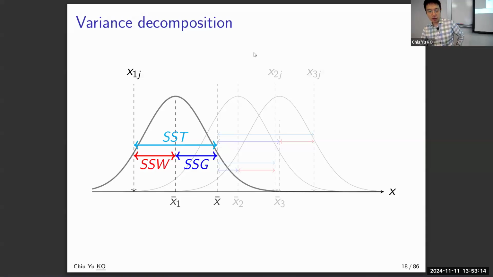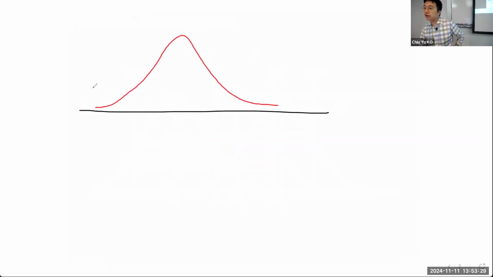Okay. Remember the idea that we have. We have data here, right? And suppose under the null, it will be the case that actually everything is in the same graph, right? The red and the blue and the green are actually the same thing, the same shape, located at the same location, right?